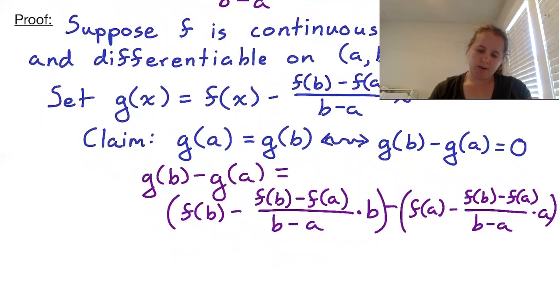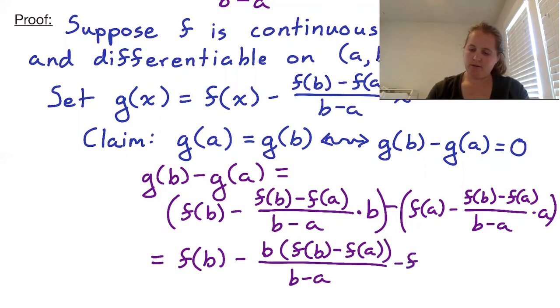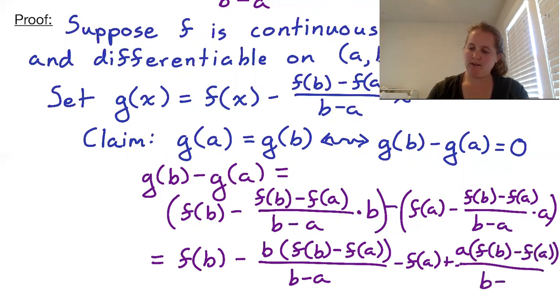And this becomes f of b minus b times f of b minus f of a over b minus a, minus f of a plus a times f of b minus f of a, all over b minus a.